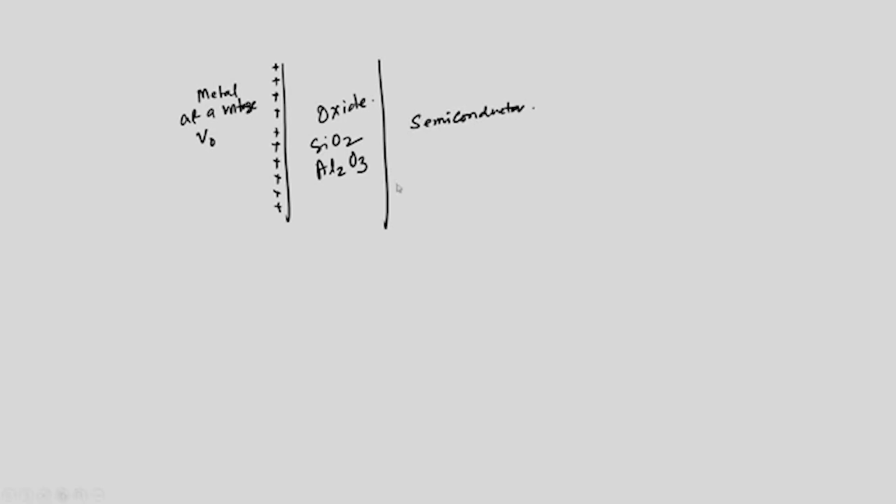In presence of such a structure, the potential energy Vz of the electrons looks like this, and this value is minus eV0. So, the charges actually accumulate at the boundary of the metal and the oxide, the metal oxide edge.